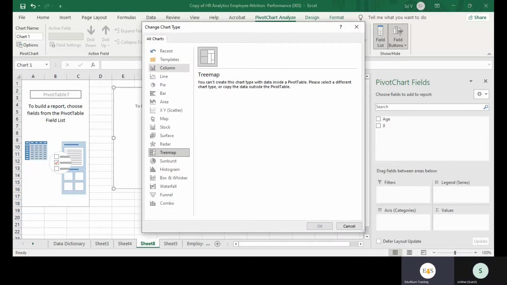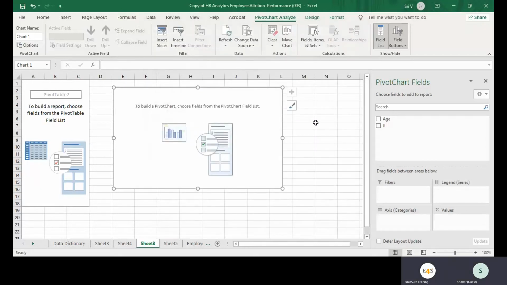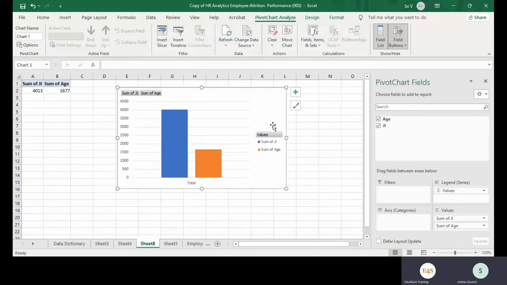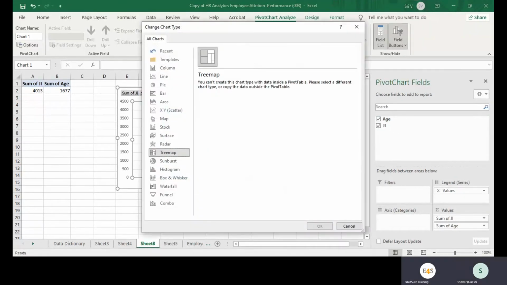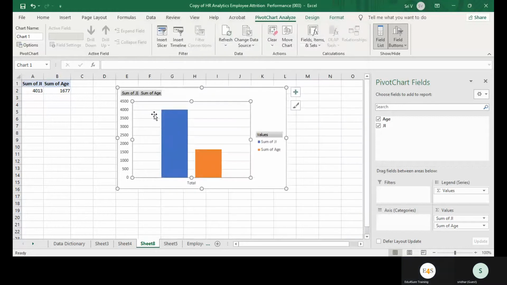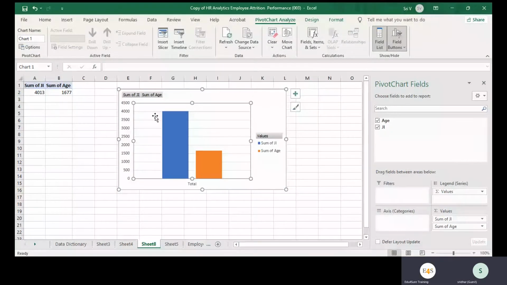It's not coming. Why is tree map not coming? What is not coming?